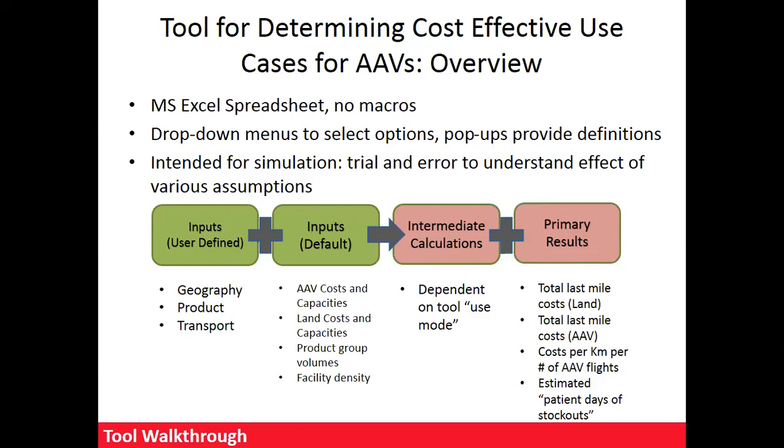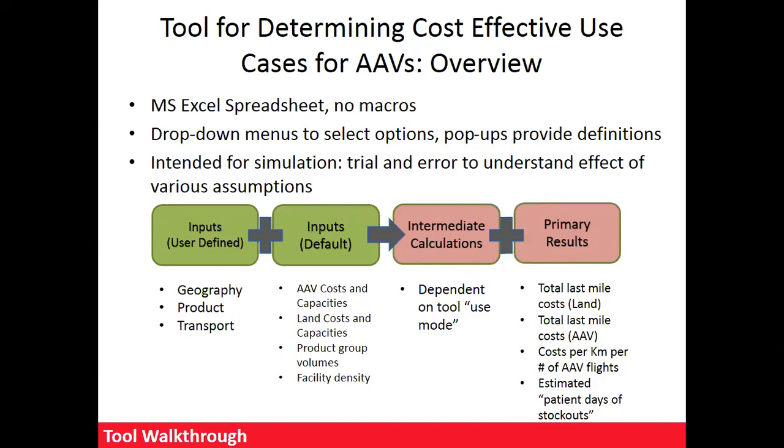Those inputs come together to help produce intermediate calculations. These are essentially getting up to calculating the number of flights and the number of kilometers.